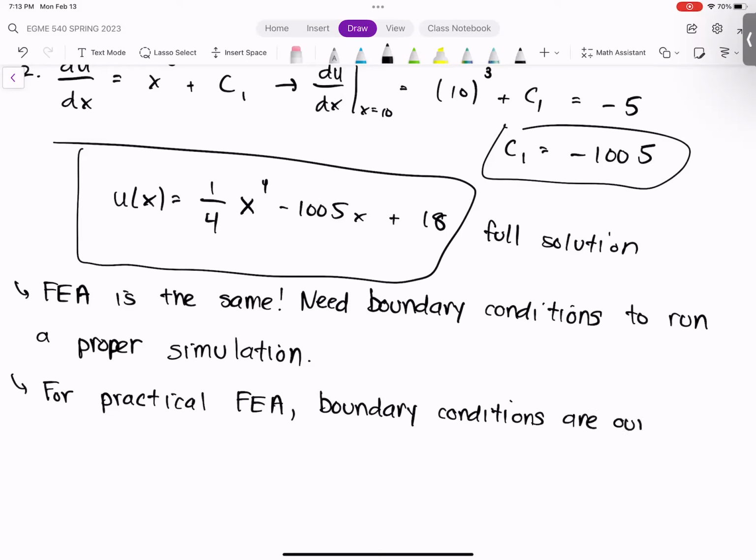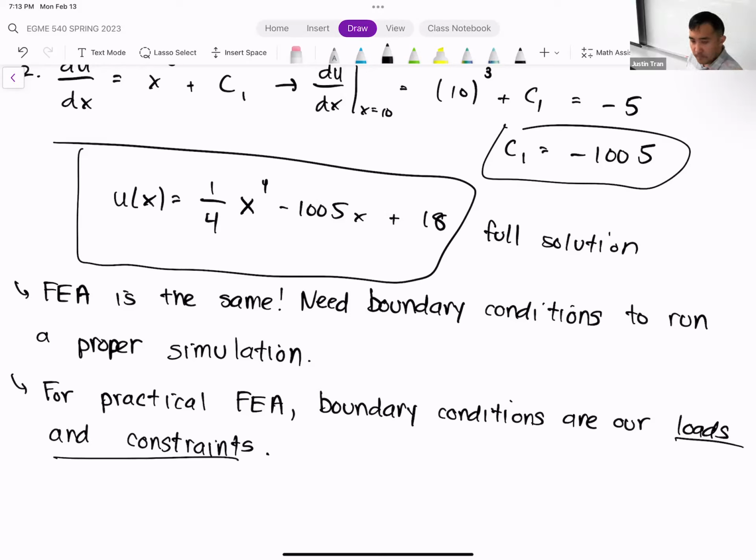Dr. Chan, I have a question, sir. Yes, sir. So let's say we have a simulation, and we use a set of boundary conditions for that specified simulation, and I'm talking about FEA.